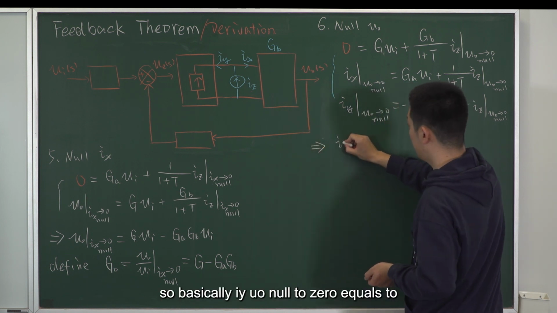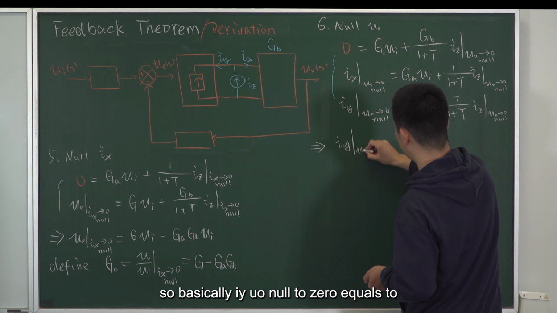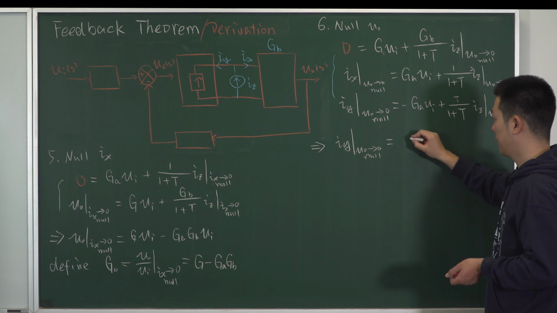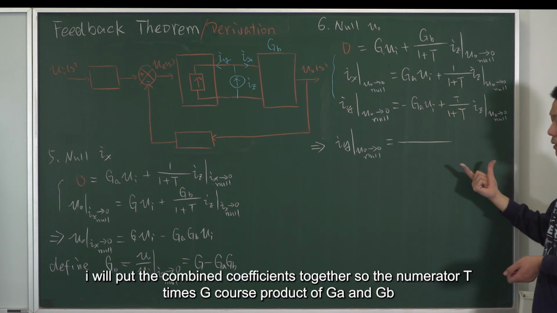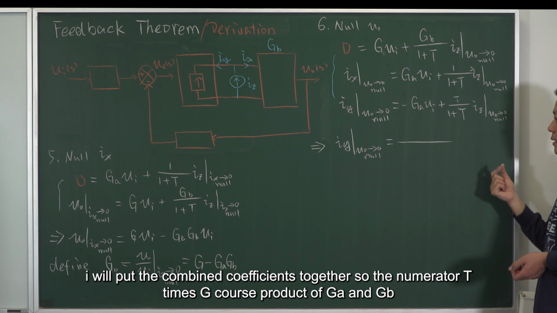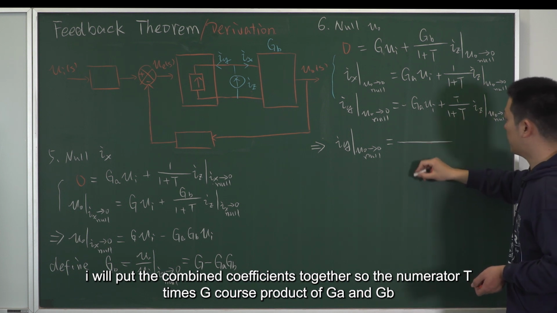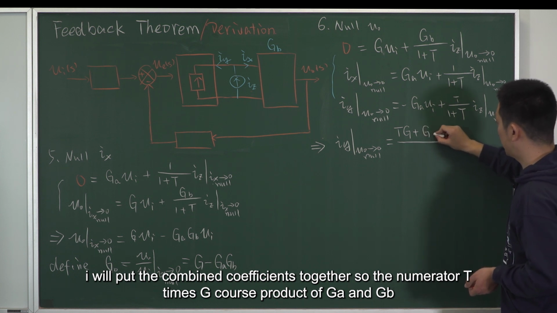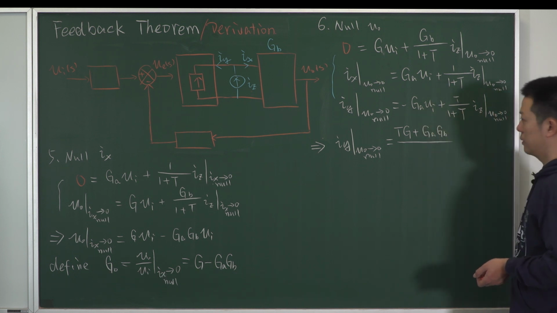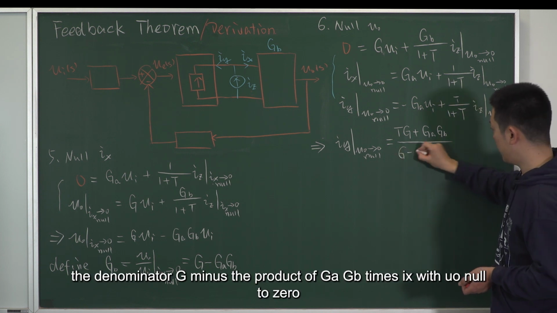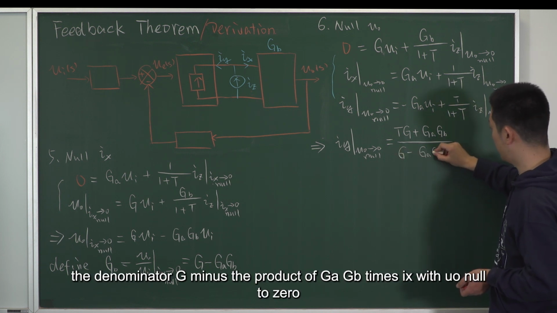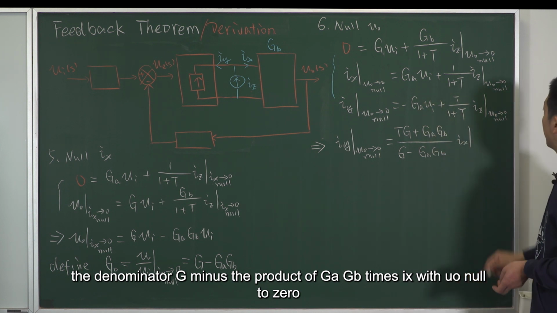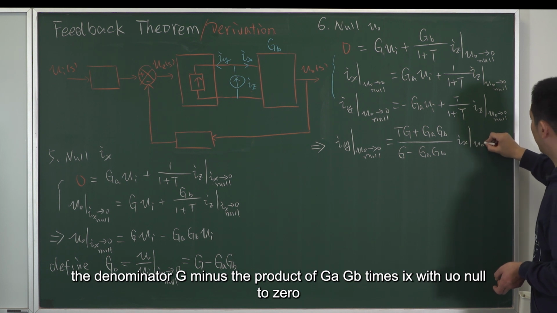So basically, Iy with U0 null to 0 equals, I will put the combined coefficients together. The numerator is T times G plus the product of GA and GB. The denominator is G minus the product of GA, GB, times Ix with U0 null to 0.